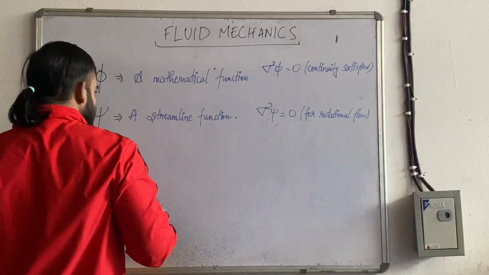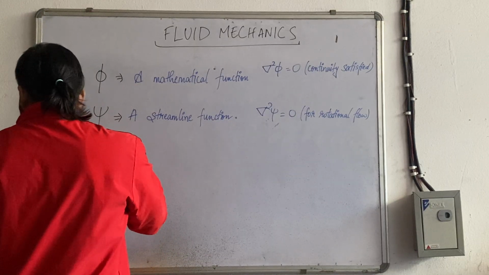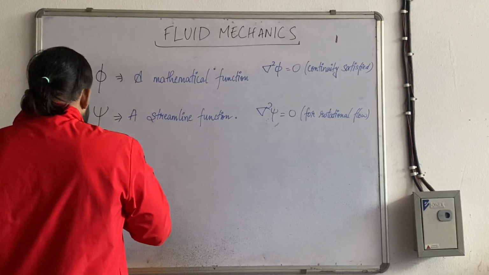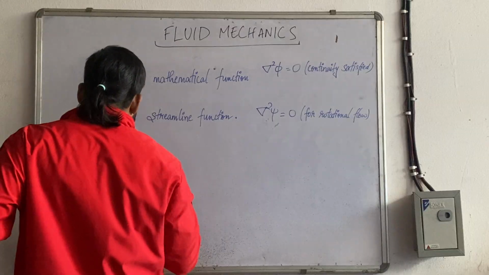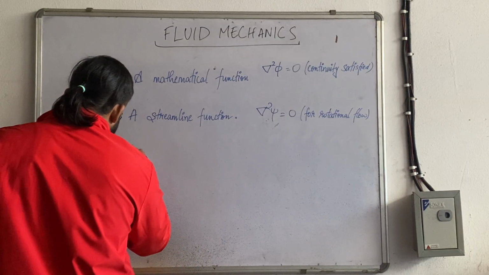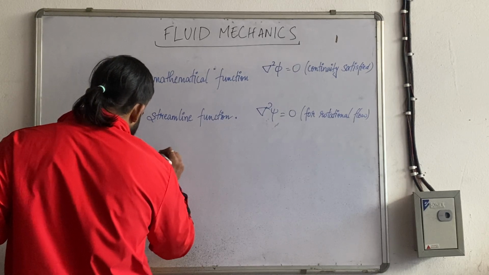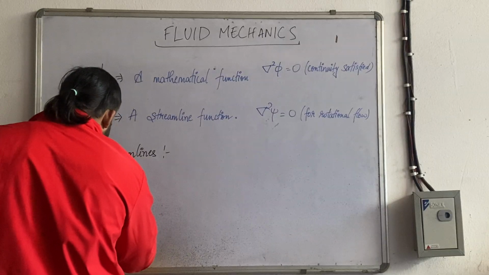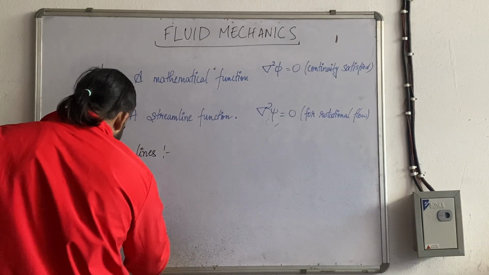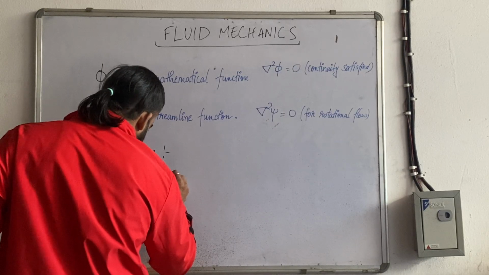Now what can be observed from these terms? Let us tell you what are streamlines and equipotential lines.